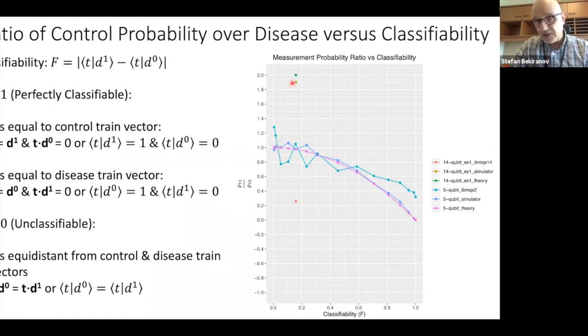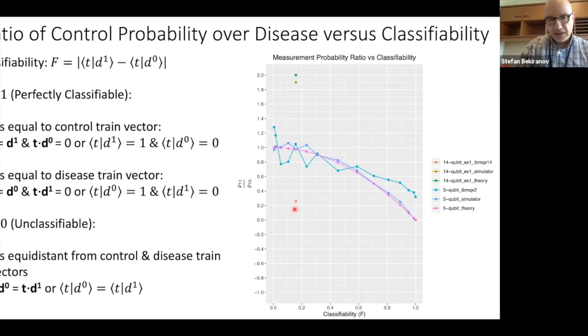But the 14 qubit is just completely wrong. The theory is shown in green. That's just a perfect 2.0. The simulator with a little sampling error is near it, but the actual is misclassifying and way off.